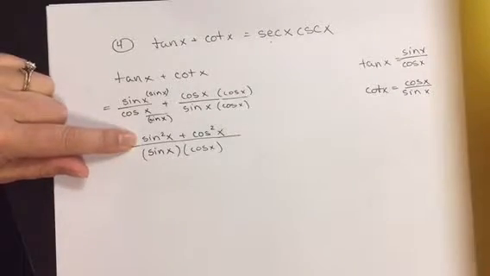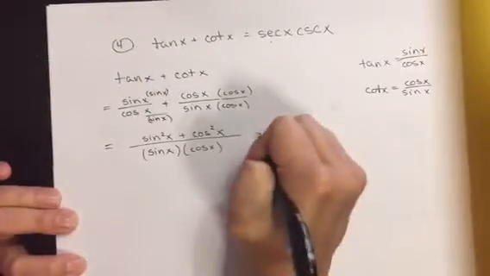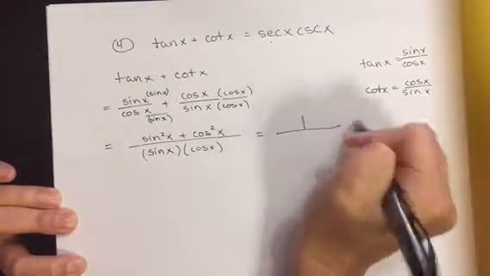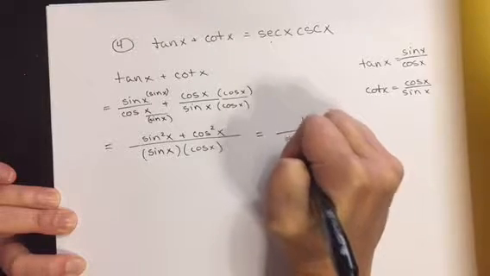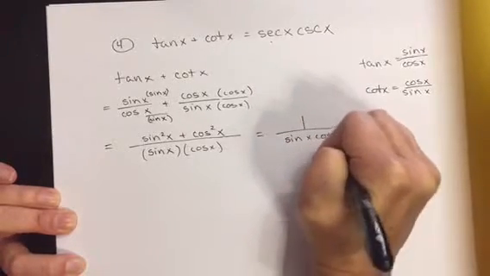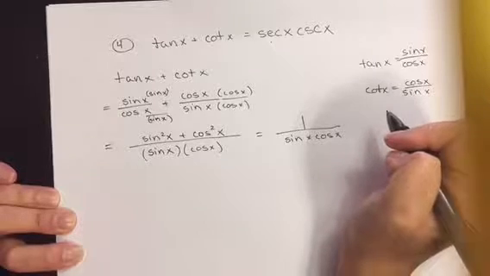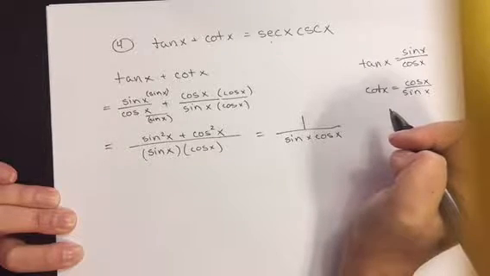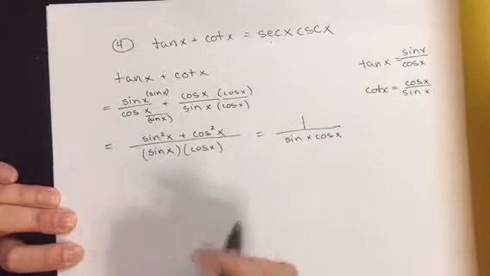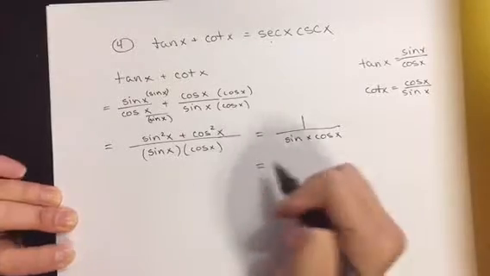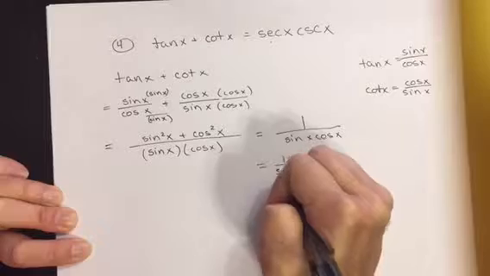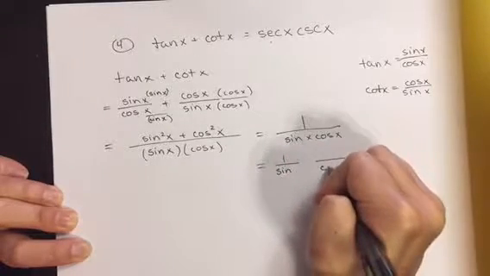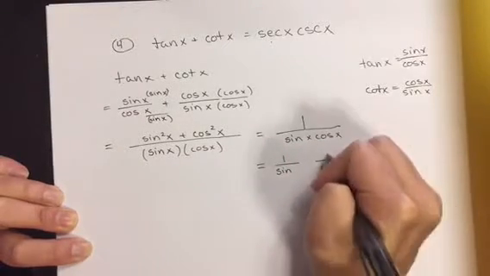So I can replace this entire numerator with 1, and so then in the denominator I have sine x cosine x. Okay, now I really have the product of a fraction. So let me write those separately, because then it's a little bit easier to see.